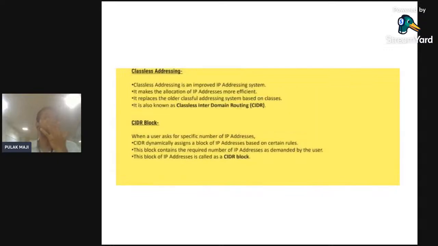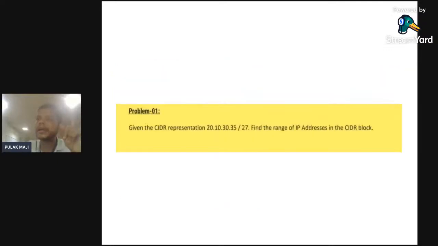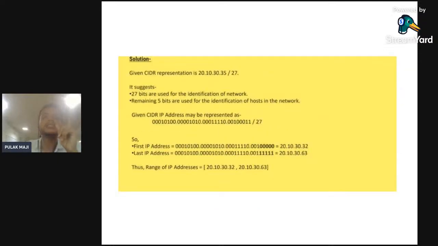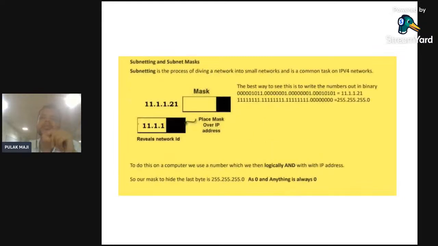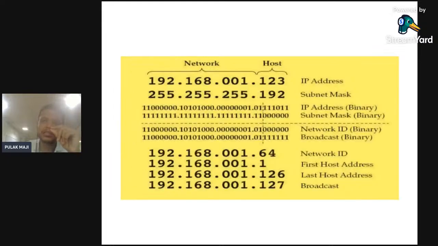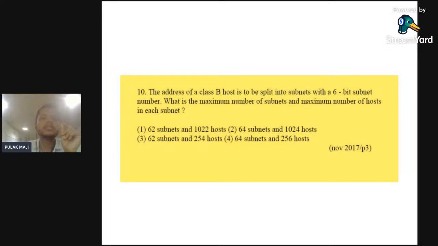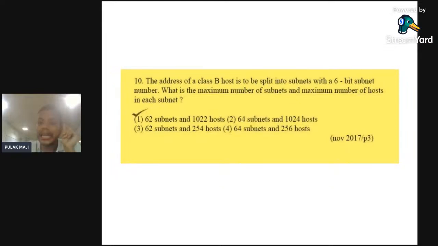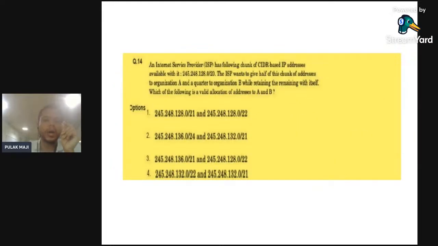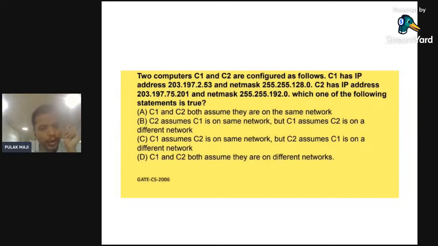I have to take the 27 because, as we already know, we cannot disturb the network ID bits. If we disturb the network ID bits, then the whole concept will be wrong. We cannot disturb the network portion; whatever work we have to do is with the host part only.